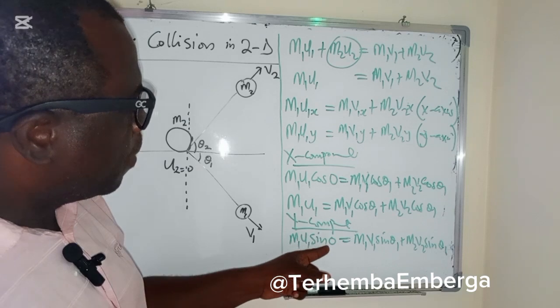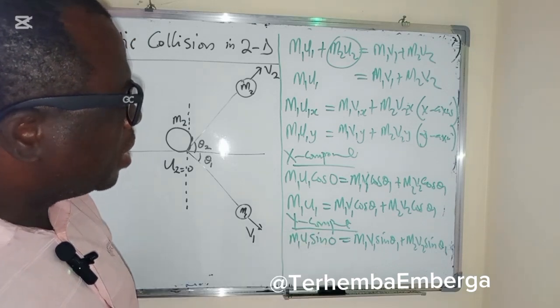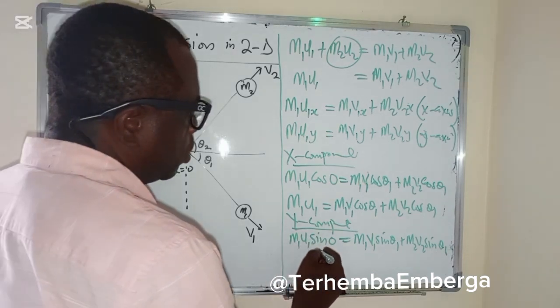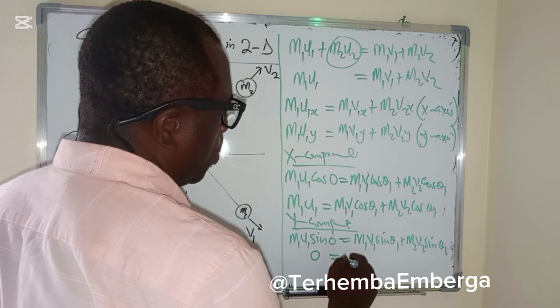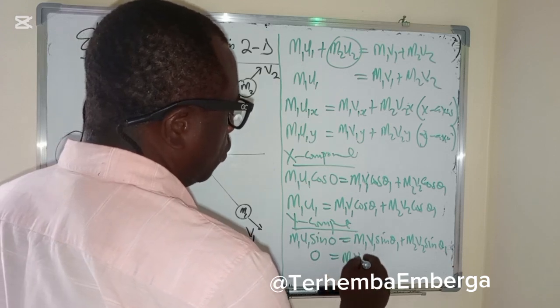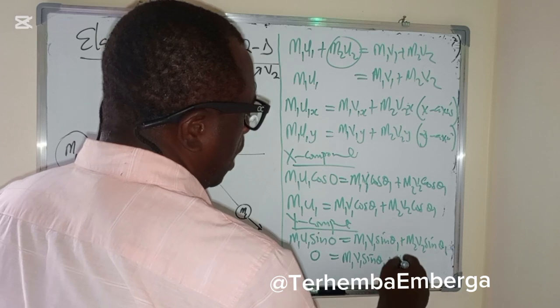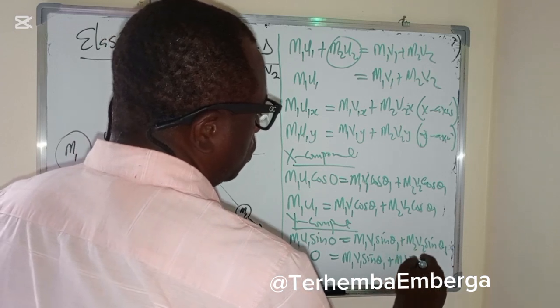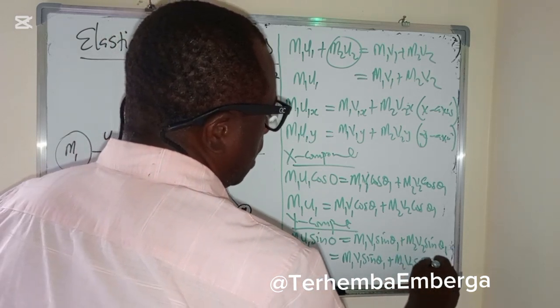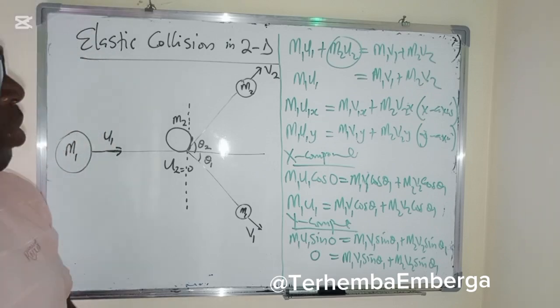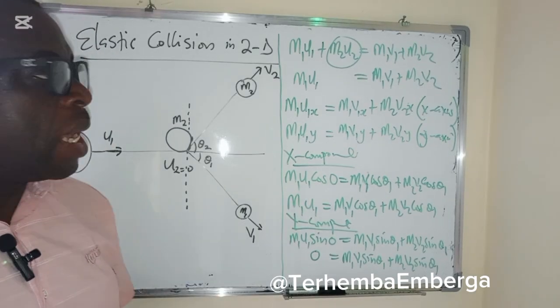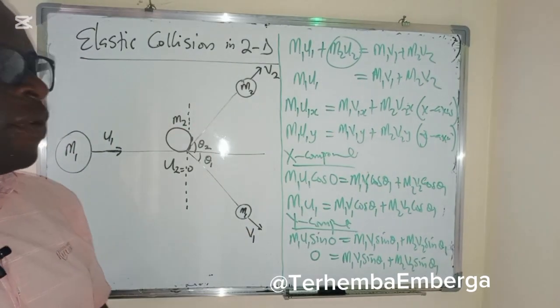And remember, sine 0 is 0, so the whole of this becomes 0. So we'll have 0 equal to m1 v1 sine θ1 plus m2 v2 sine θ2. In the next class, we'll look at how we can solve the practical problem.